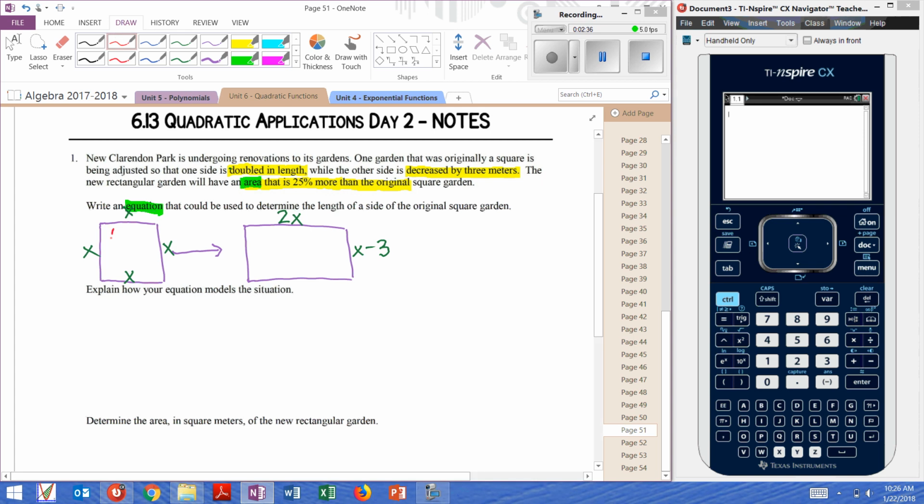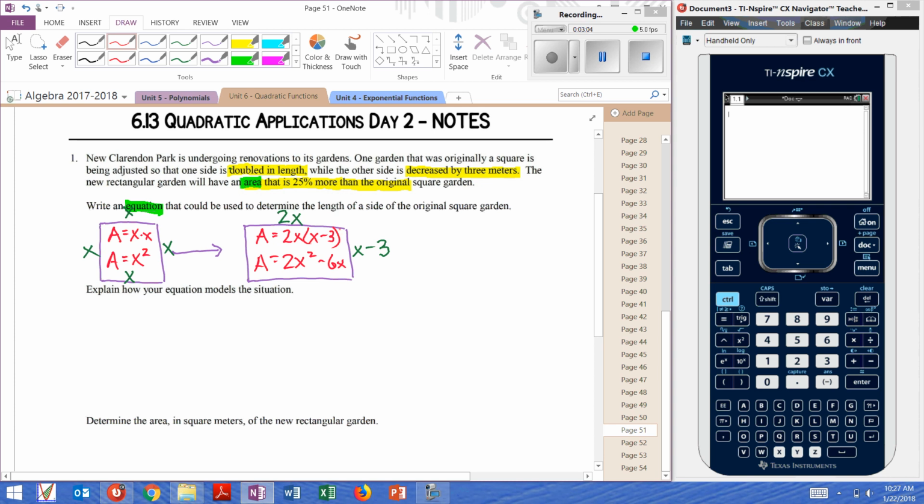So the area here is length times width, which is really x times x. So area is equal to x squared. That's the original. And then here, this area is also equal to length times width, so 2x all times x minus 3. Let's just distribute it. So we get 2x squared minus 6x.